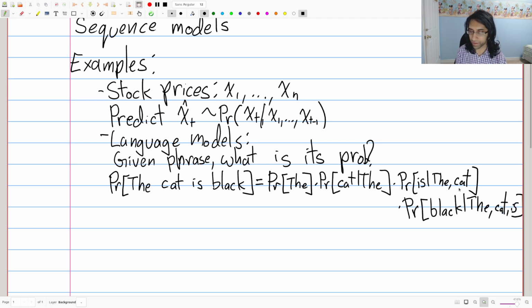There's nothing special about language models here. I just broke it up using elementary facts about probability.